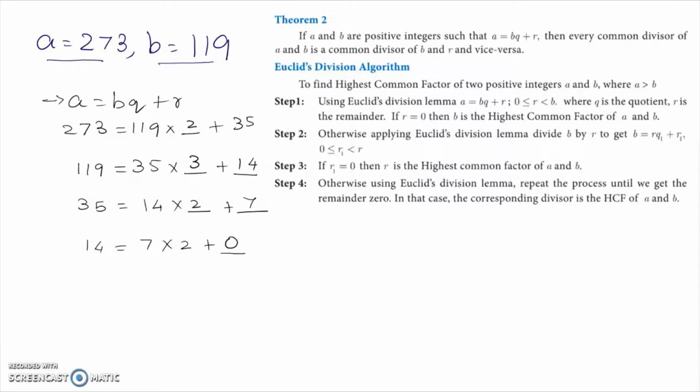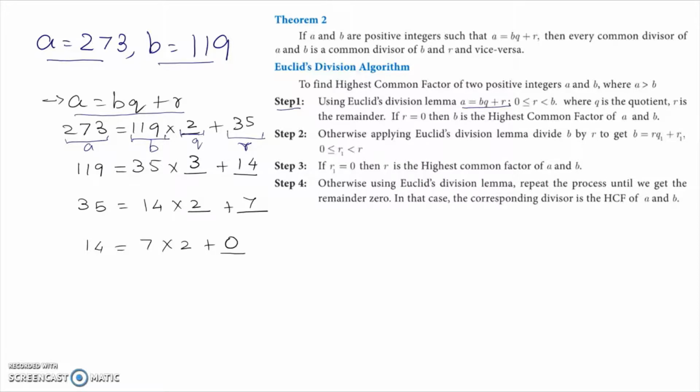Now step 1 in the algorithm says, using Euclid's division lemma, A is equal to BQ plus R. So we have here A is equal to BQ plus R, where our A is 273, our B is 119, and our Q is 2, and our R is 35, where Q is the quotient and R is the remainder.